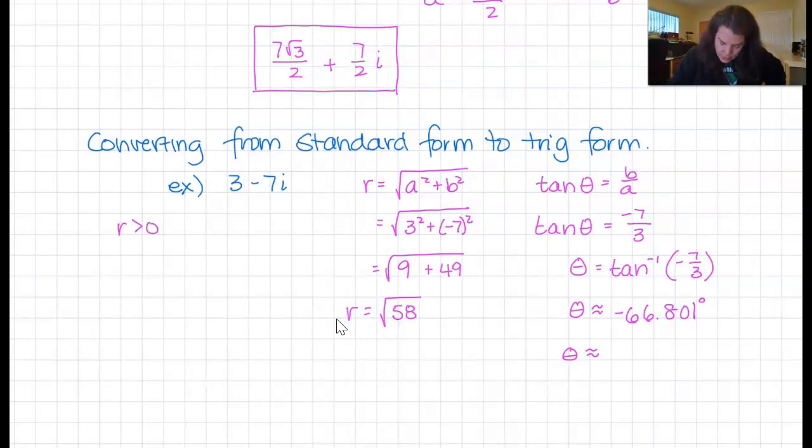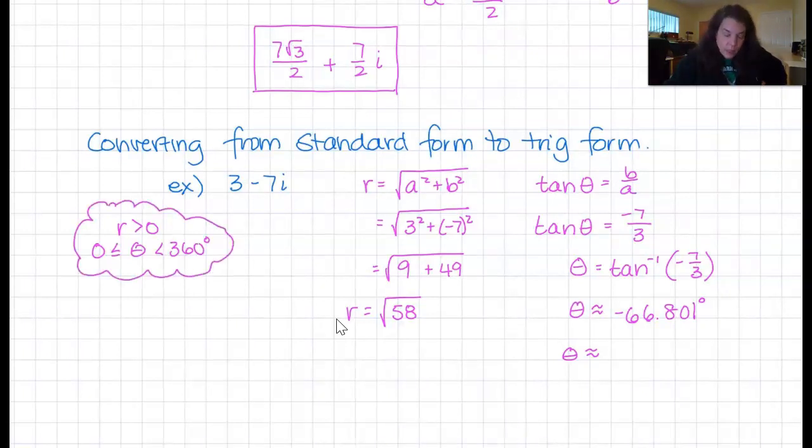R is positive, and theta is going to be within 1 rotation of a circle. So we're going to keep it there. So I need to add 360 to that to say 293.198 degrees.